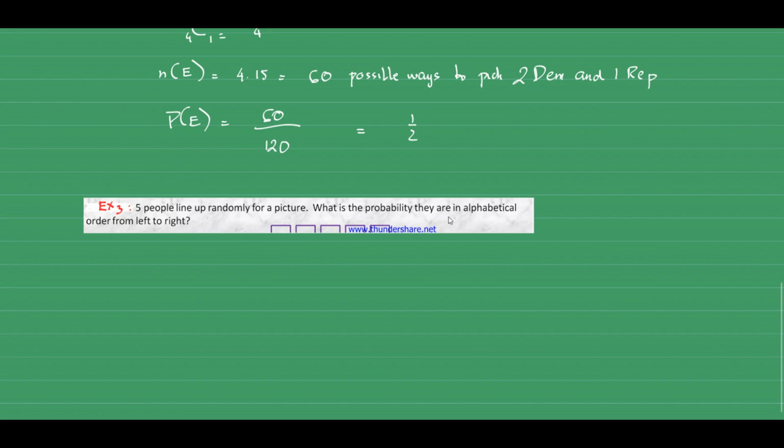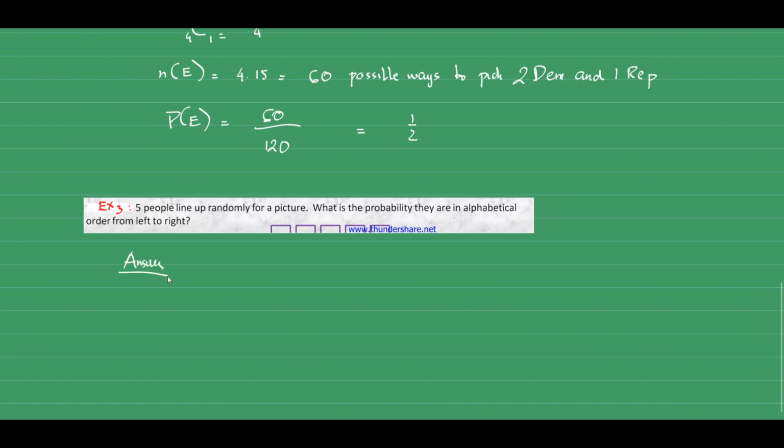What is the probability that they are in alphabetical order from left to right? So this looks like we have a permutation, right?